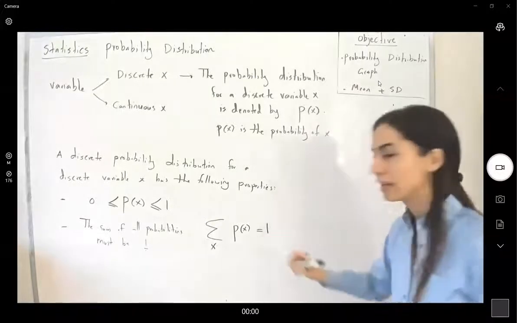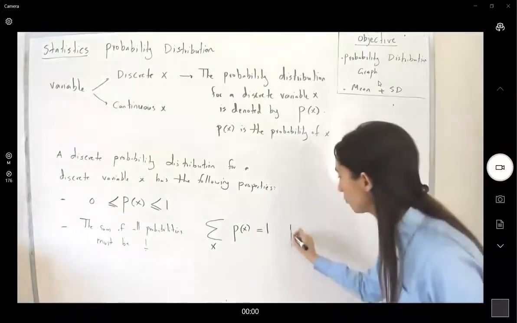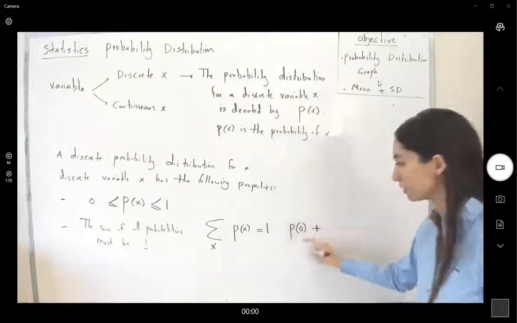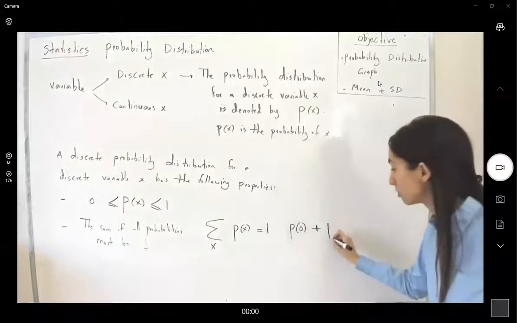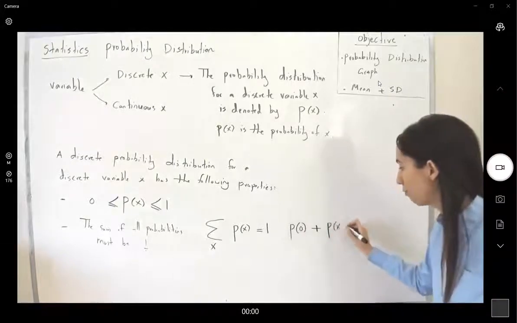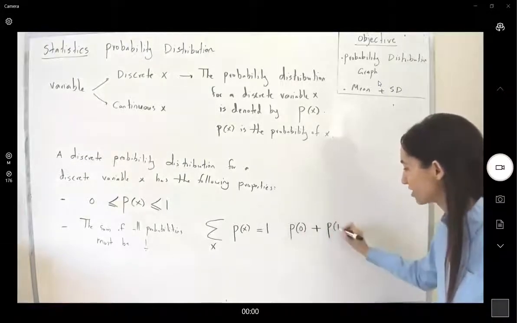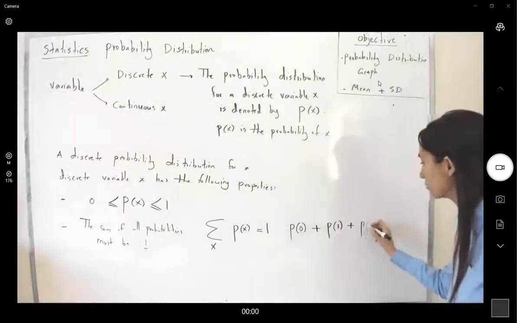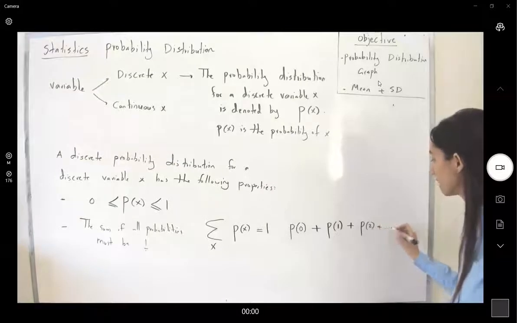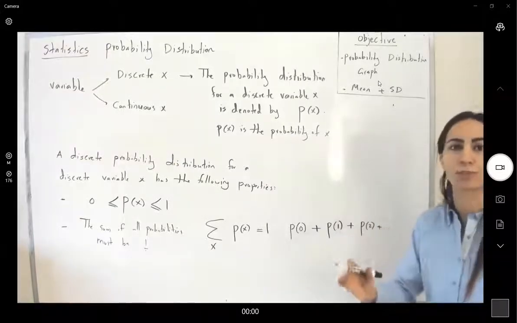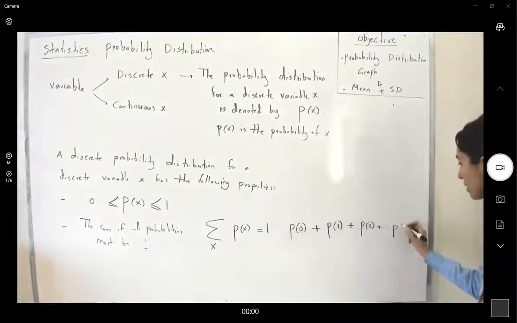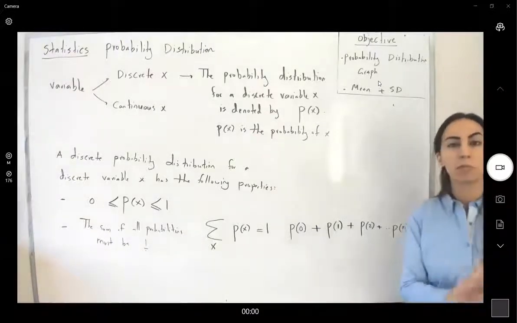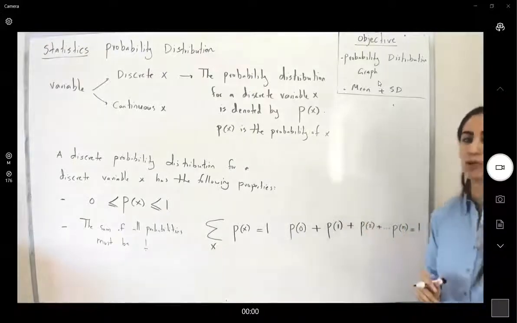It means that if x is equal to 0, I have to find the probability of x equal to 0, plus, after calculating this, I need to find the probability when x is equal to 1. Then I need to calculate the probability that x is equal to 2, plus the rest of the probability. It has to stop somewhere. When you take all of these probabilities and add them together, it must be equal to 1.